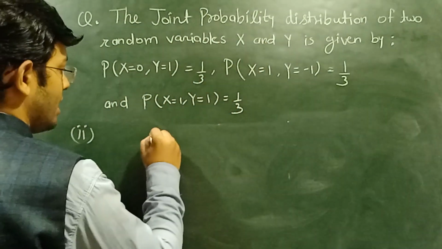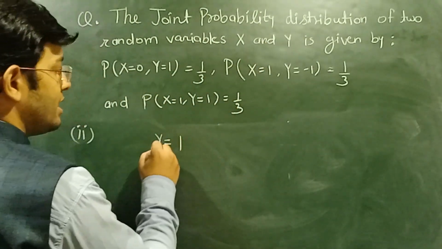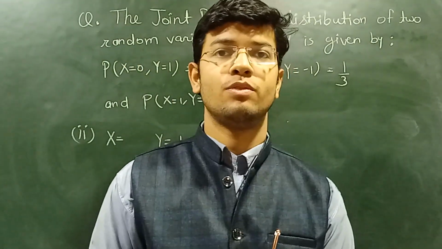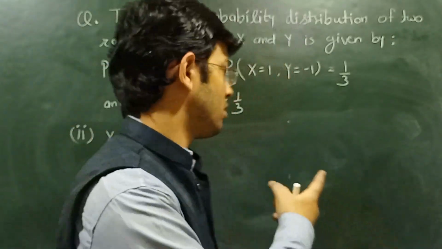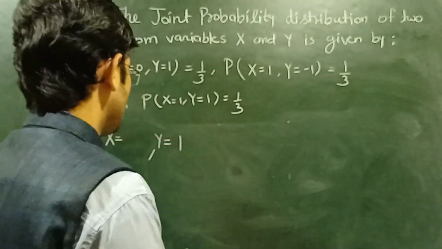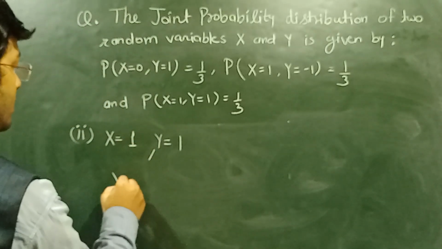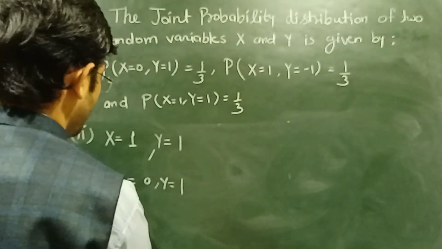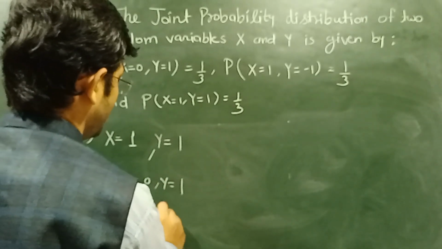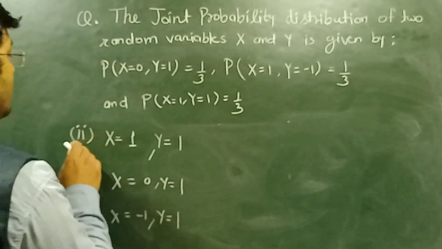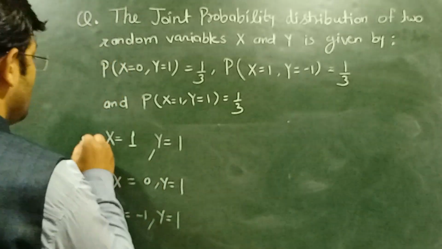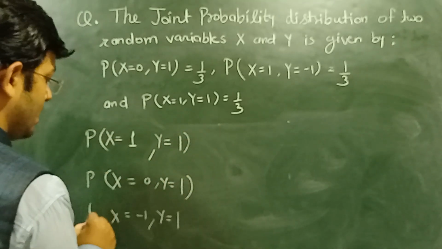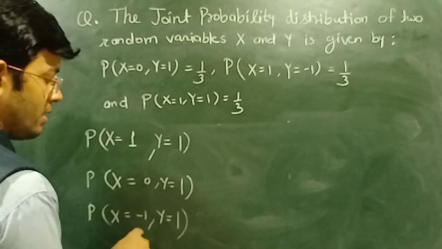We have y equal to 1 fixed and we can change the values of x: 1, 0 and -1. So we have to find three probabilities.